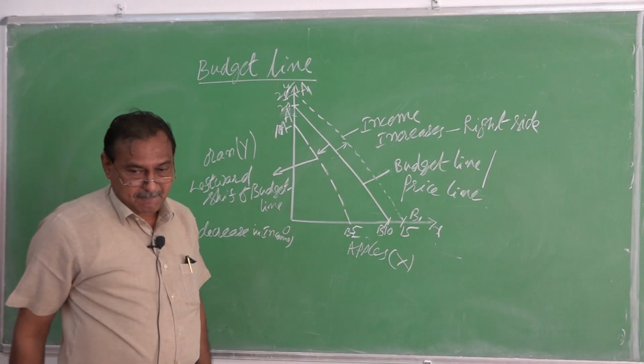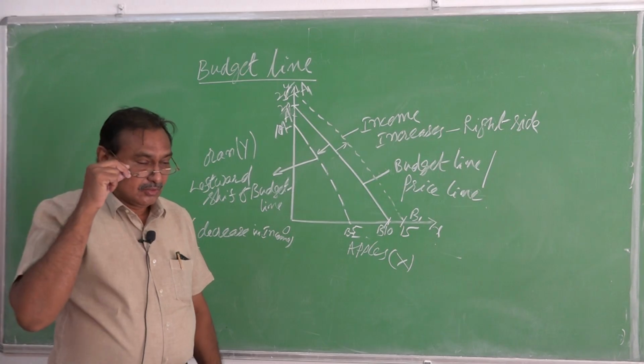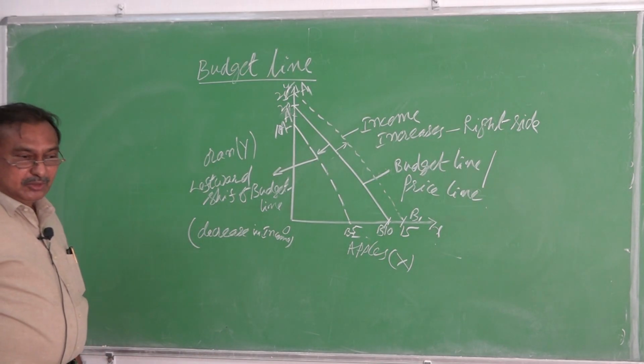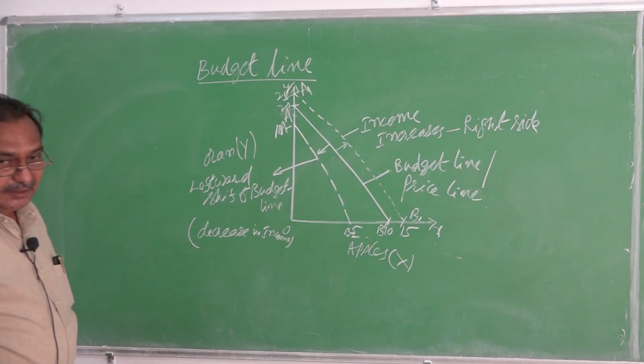This is the question. This can be proved with the help of a table. So, what you have to write here? Change of the price of one commodity. Slope of the budget line.